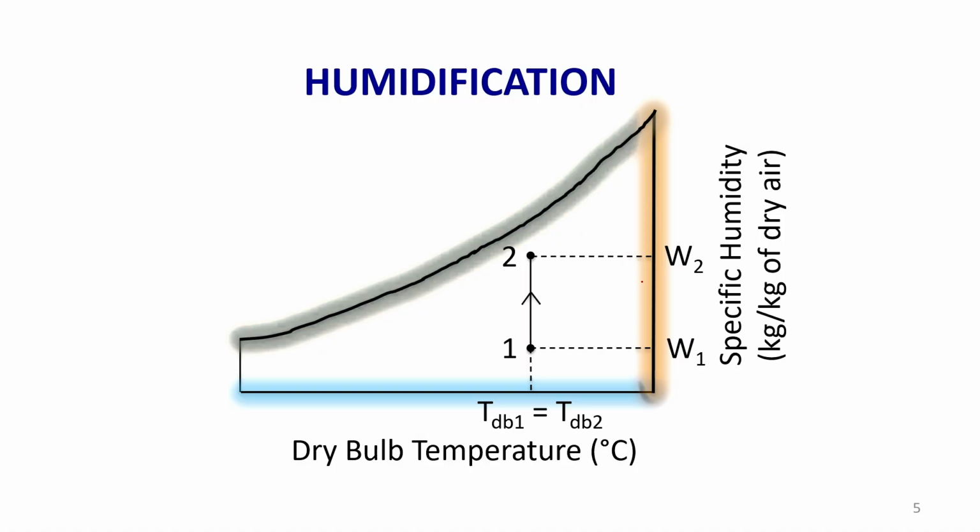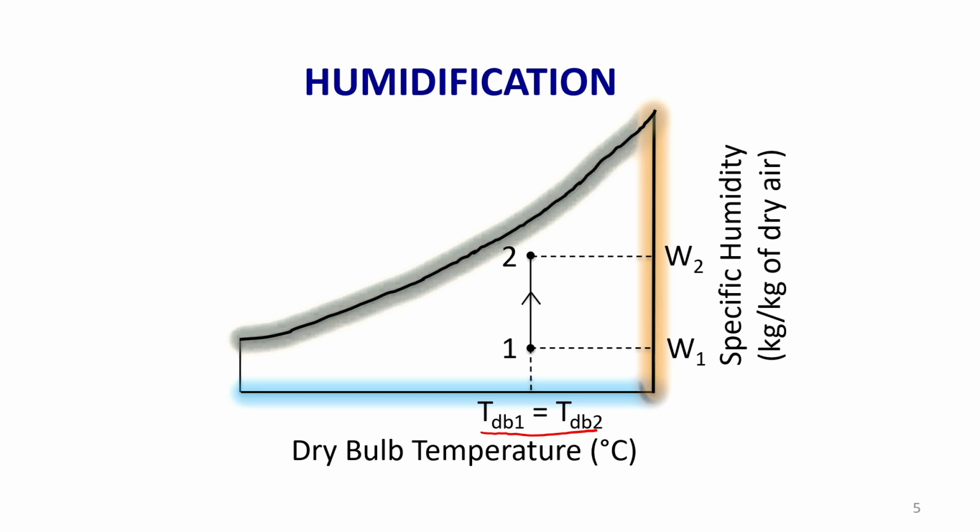You can see on the right side y-axis, W1 is at the bottom and W2 is at the top, so obviously W2 will be more than W1. Let me underline this: the dry bulb temperature at 1 is equal to the dry bulb temperature at 2. There is no change in the temperature of the air and no heating process. It is only humidification, adding moisture content to the air.